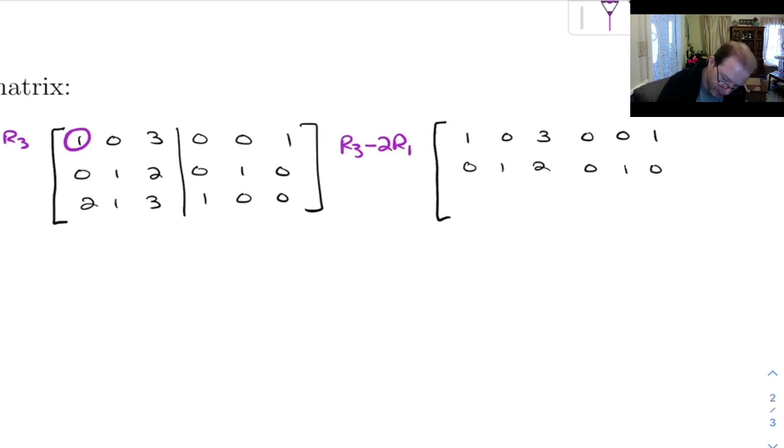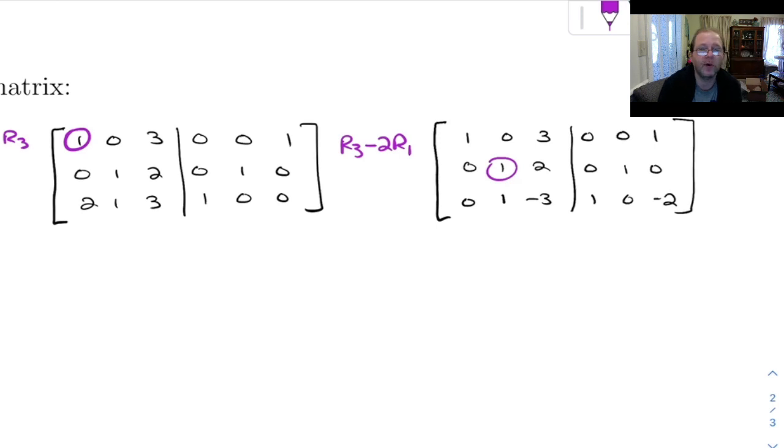So 2 minus 2 to get 0. 1 minus 0. 3 minus 2 times 3, so negative 3. 1 minus 0, 0 minus 0, and 0 minus 2. All right, so we get that.